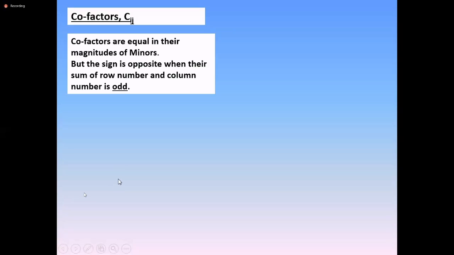Actually, cofactors have the same value as the minors, but in some positions of the element, some values take the opposite sign. For example, let's say minor values are, so cofactors are equal in their magnitudes to the minors.